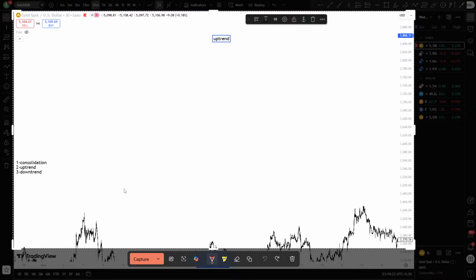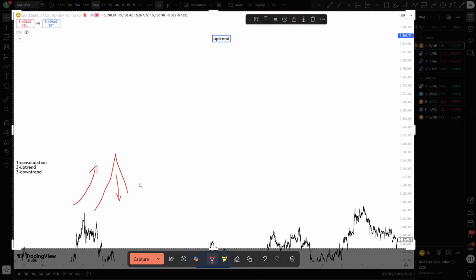The market will move like this, and it will give us a pullback. First the market gives us a push to the upside, and it is going to give us a pullback to the downside.